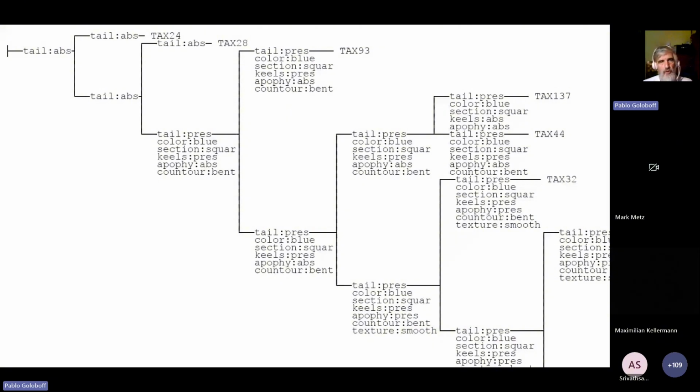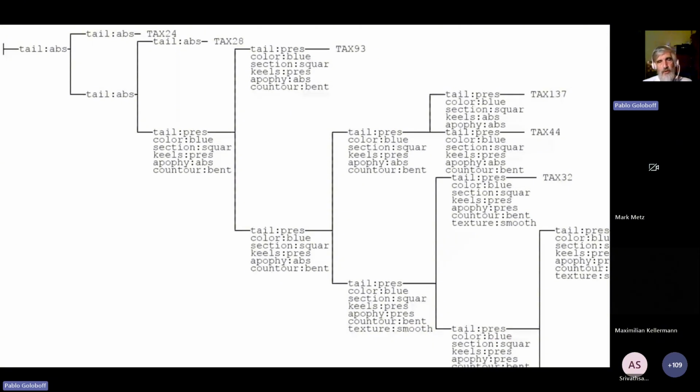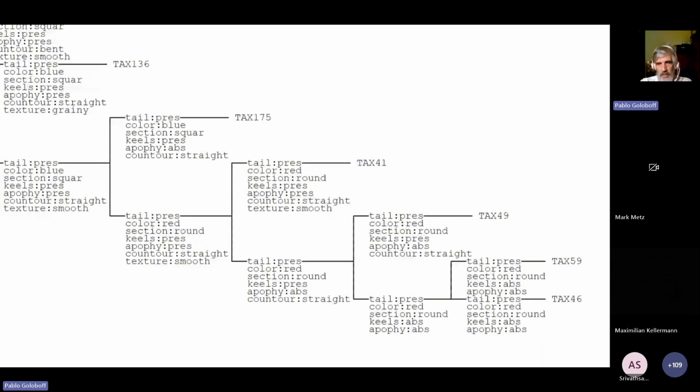And TNT shows you the same kind of diagrams. Of course, they take a lot of space. So this would be the case where the tail is present, right? The color is red, the section is round, but there are no keels and no apophysis. So that is why there is no contour character or texture character as there is in other parts of the tree.